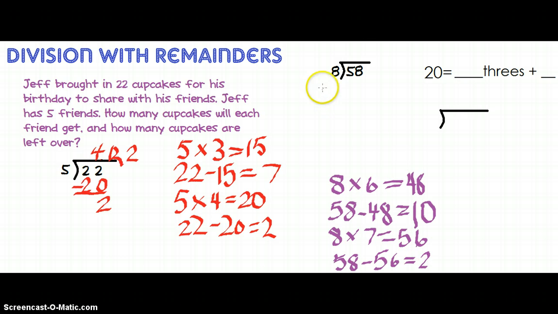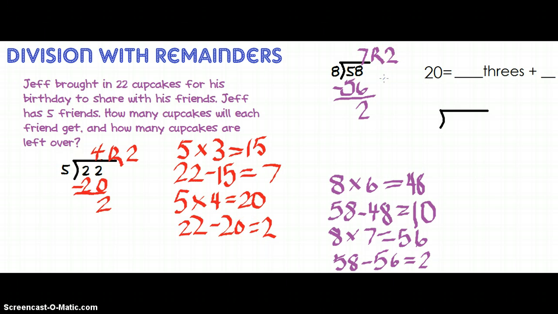Now, 2 is less than 8, so I'm good to go there. I put 7 in each group, so I'm going to write my 7 up here in the ones place. 7 times 8 is 56. And I'm going to subtract, and I come up with 2. So my answer is 7, remainder 2.